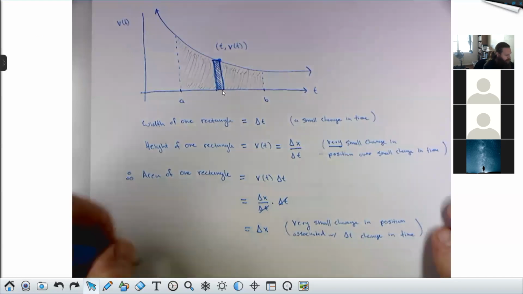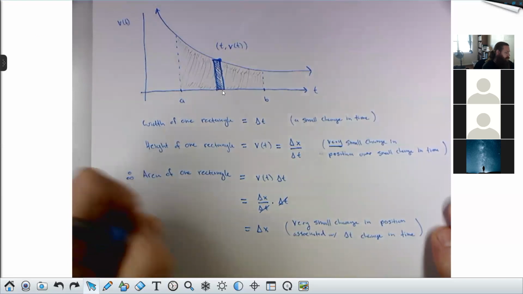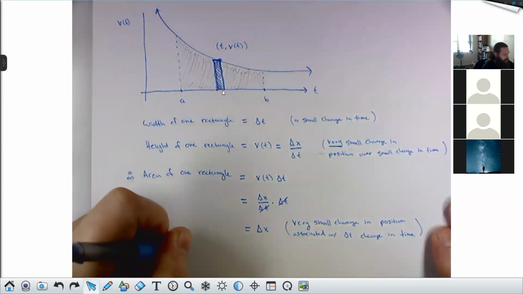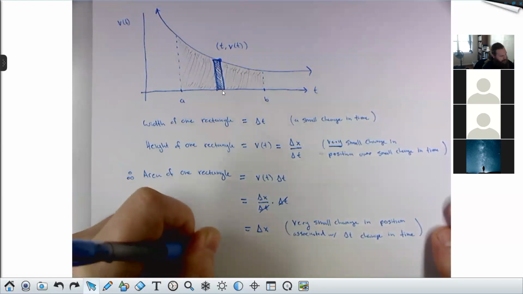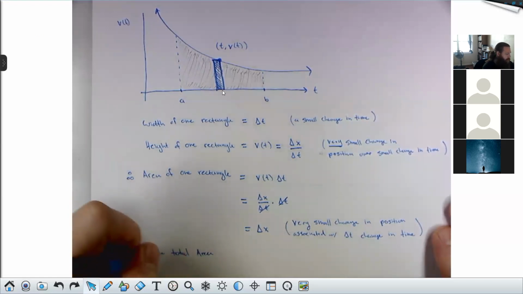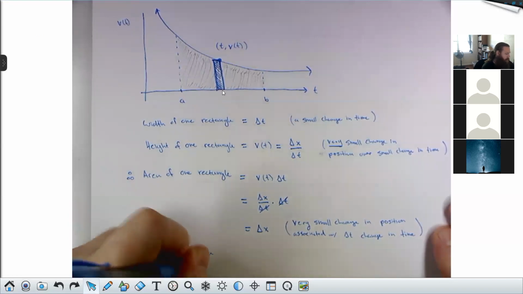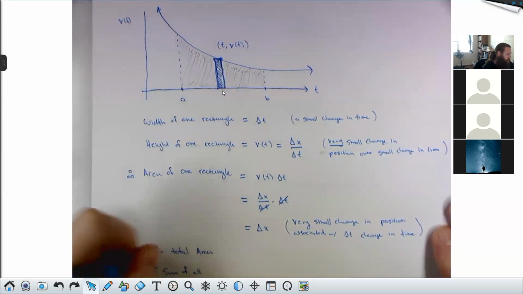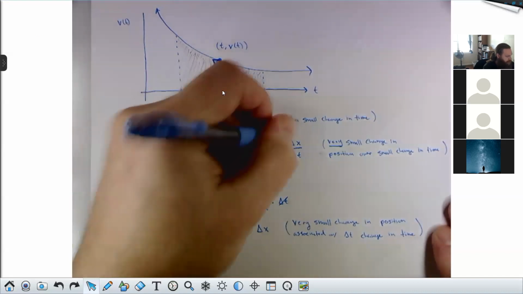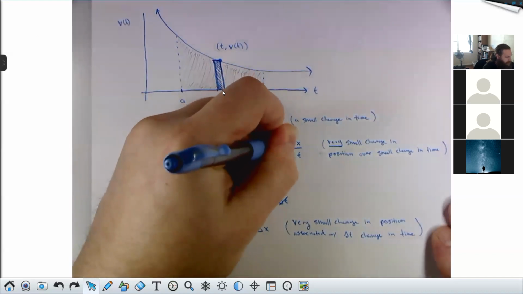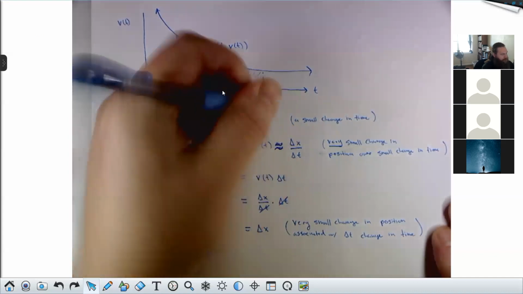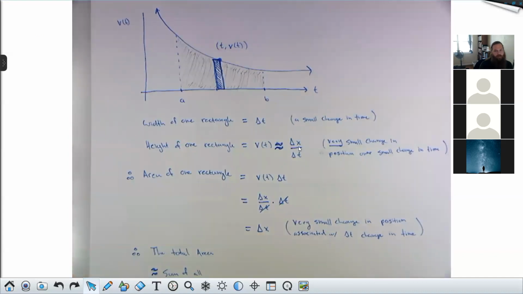Which means the total area is equal to the sum of all of these, or you say approximately equal to. Really there are two places here where I should have an approximately equal to, here and here. v of t is not delta x over delta t, it's dx dt, and when I do this, I'm approximating.